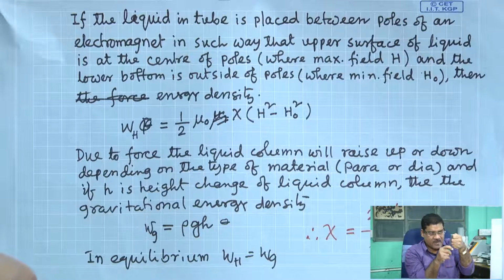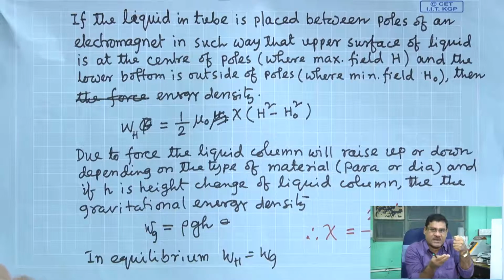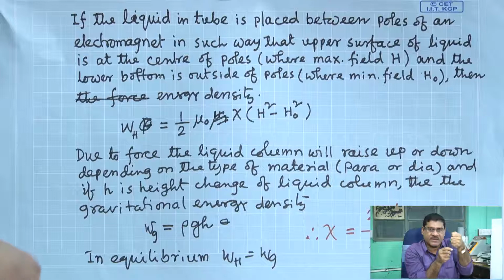Now, if you can measure this change of height, then you know how much liquid has gone up. So, there will be gravitational potential energy, right? There will be gravitational potential energy.